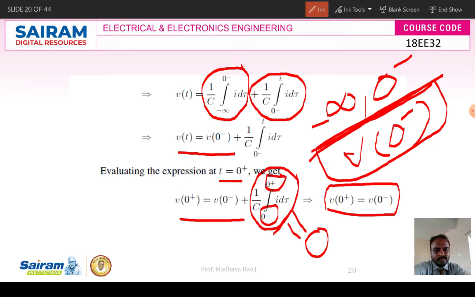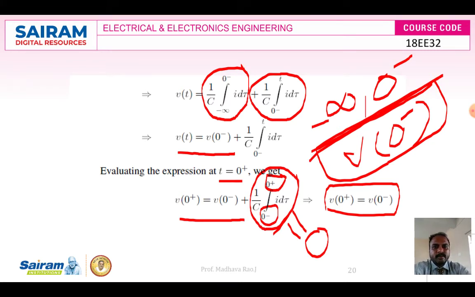Initially those values will be 0, since the capacitor acts as a short circuit. In a short circuit condition, current will be maximum and voltage is 0. Similarly in an inductor, I of 0 plus equals I of 0 minus equals 0. Those conditions are very important.